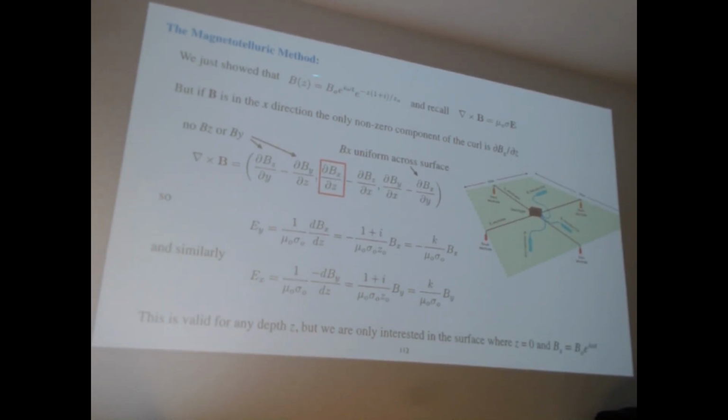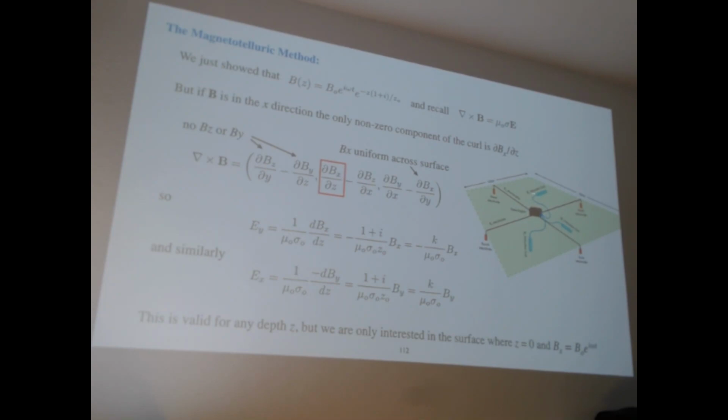So we just showed that the magnetic field as a function of depth is given by this skin depth equation here. We also know that the curl of B is proportional to the electric field through the conductivity.